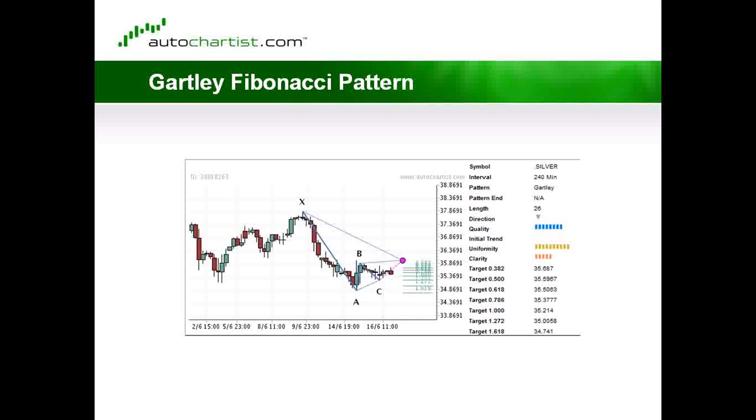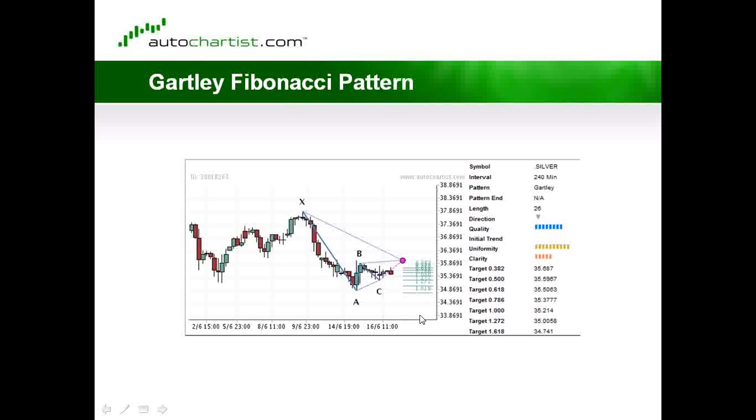Okay, and it's comprised of 4 consecutive price swings or trends. You can see that you have this X to A to B, B to C, and now you're looking for this projection into this level. And if the market does reach this level and fail, then it's likely to continue down into these retracement zones or even further.